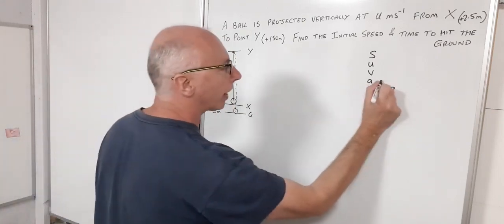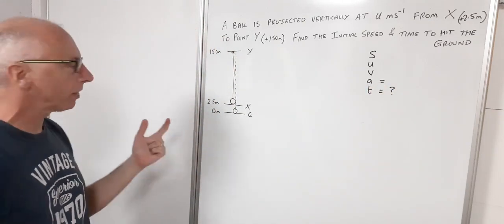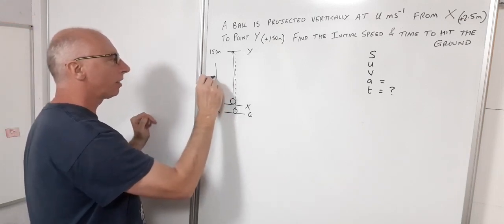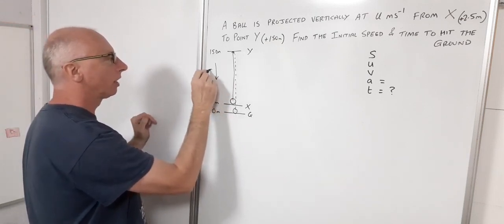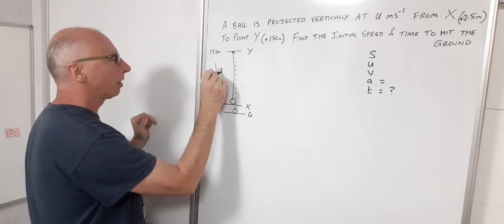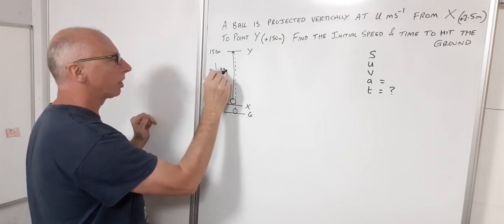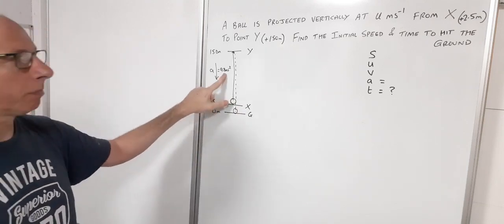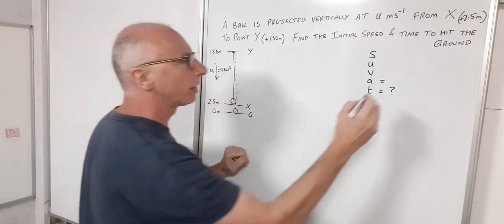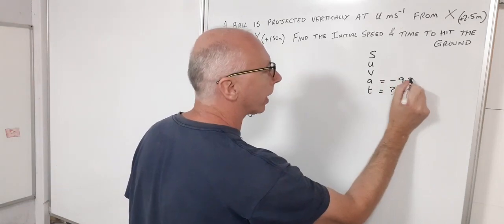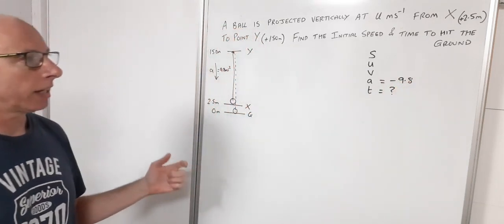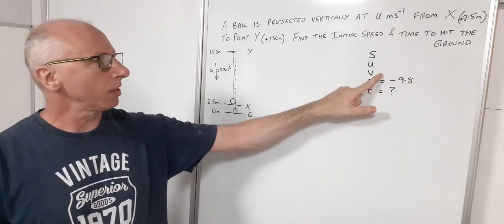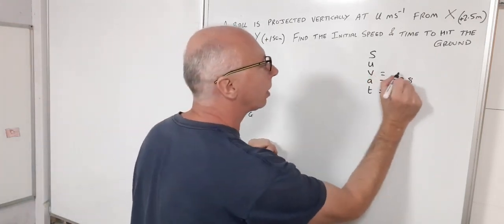Acceleration, well we can work that out because of the acceleration due to gravity. The ball is going up this way, but acceleration due to gravity is going in the opposite direction because it's being forced back down onto the ground. So acceleration is 9.8 meters per second squared, so we've got minus 9.8. Velocity, we can just put a 0 in for that one.